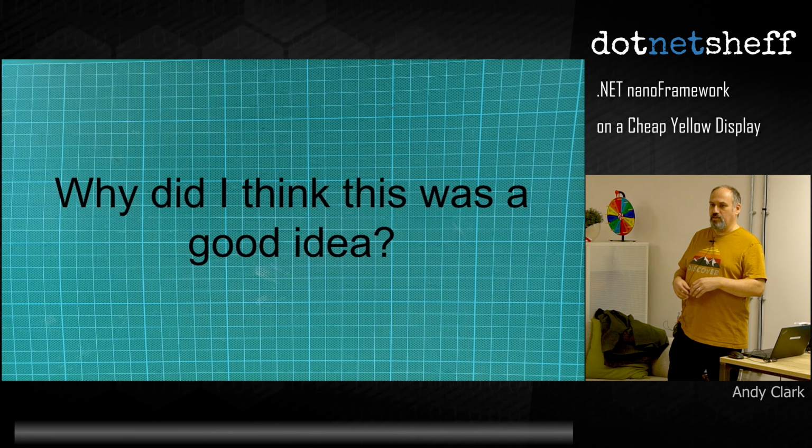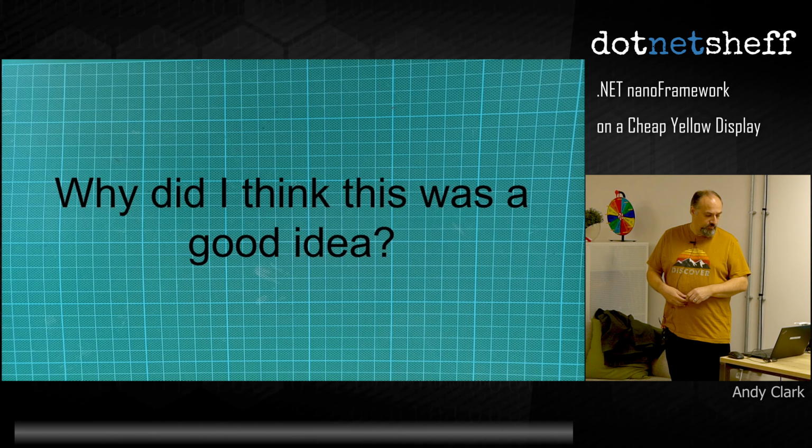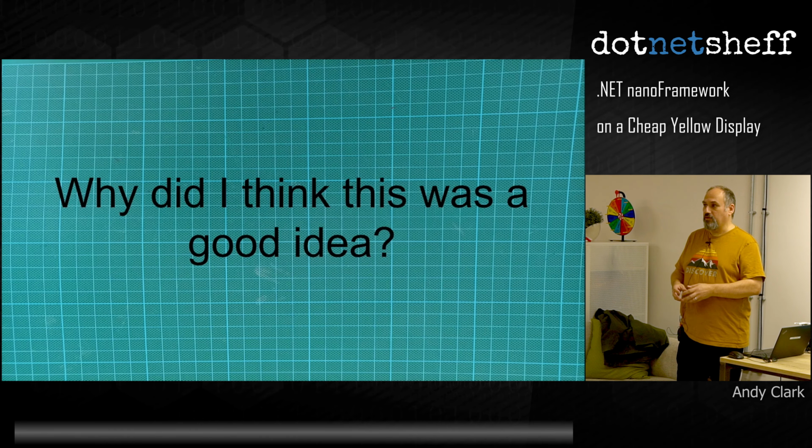So for the prize, I just put some simple graphics on it, which is roughly what that demo was based on. So today I'm going to go through all the different steps of how I did that, what kind of problems I had, and how you could do it yourselves.